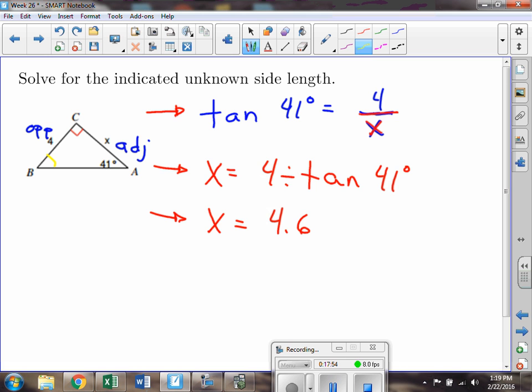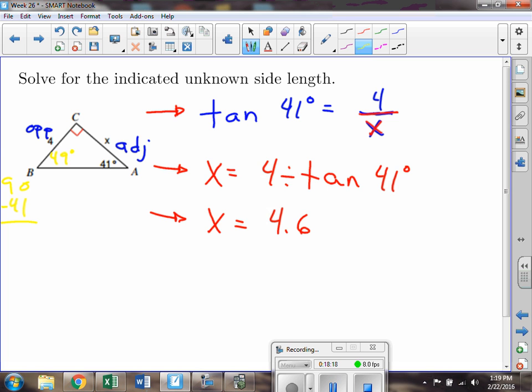How big is it? Well, it's based on the cofunction theorem. What's the other angle? Just subtracting it off of 90, it's a 49 degree angle. So my favorite method, if this happens, is to actually pick the other angle, giving me 49 degrees.